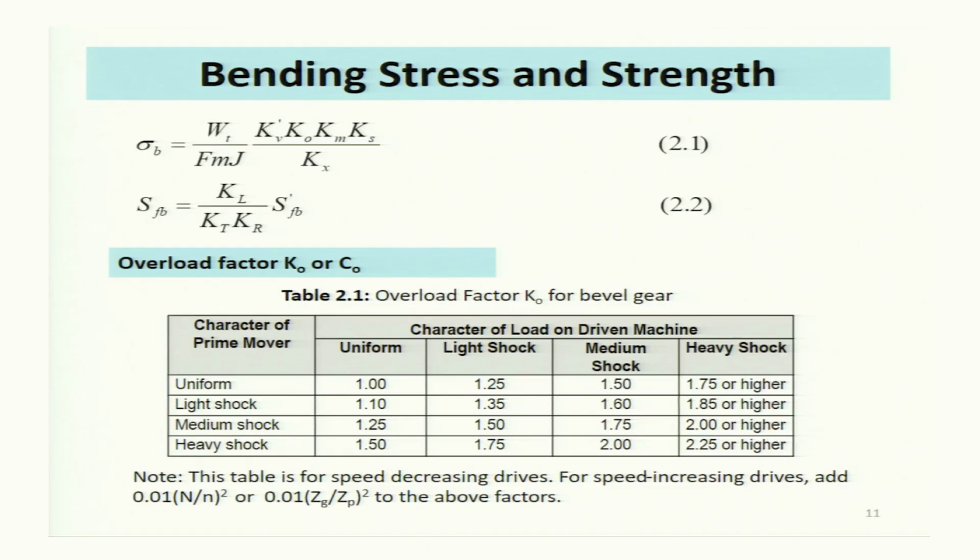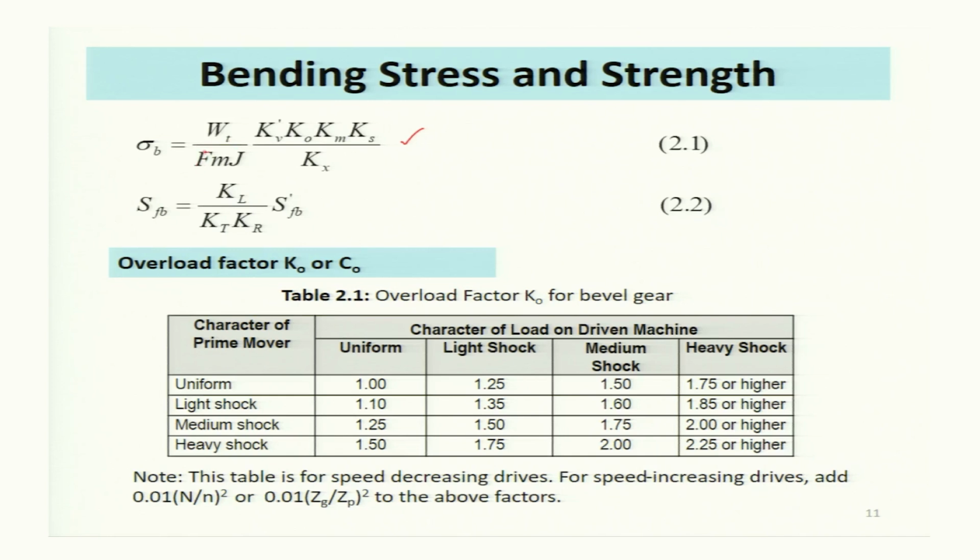Now let us study the bending stress and strength. The equation is very similar to the spur gear, because this straight bevel gear is analogous to the spur gear. So the equation is the same as we derived for the case of spur gear. It is equal to the transmitted load Wt divided by face width.